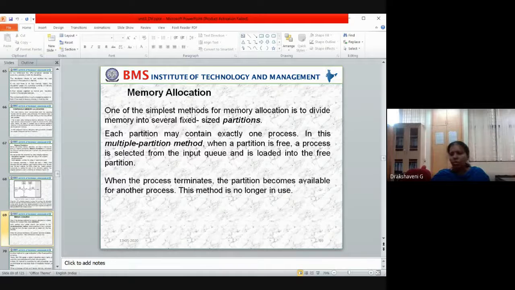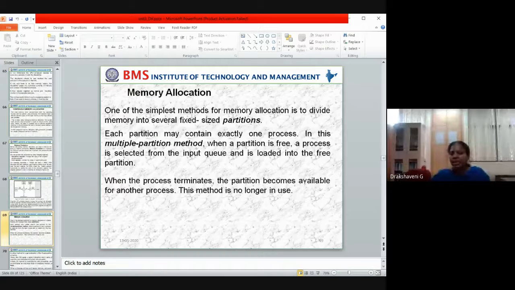Generally, the C drive is fixed for your operating system files, the D drive for user files, your movies and whatever you want, and D and E. Nowadays you can see one more partition where a backup is kept separately, so that if something goes wrong with the C drive, with the help of the backup you can restore your operating system. That's how the memory is partitioned.